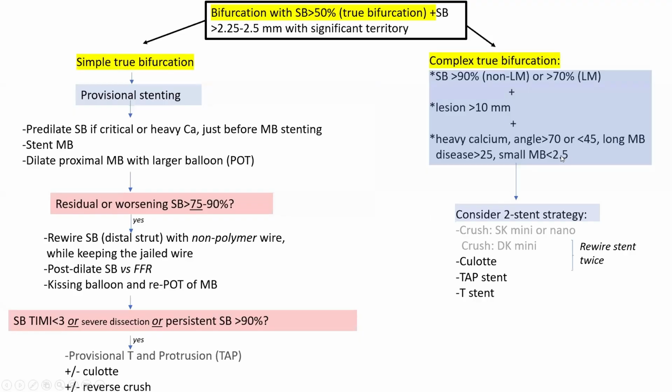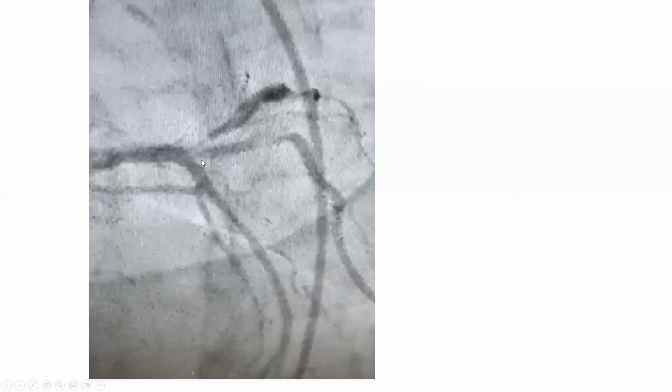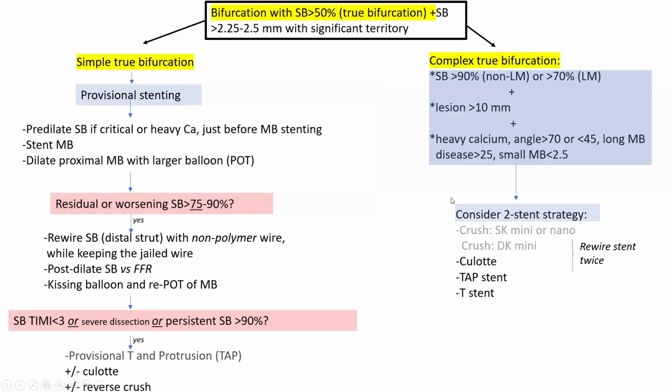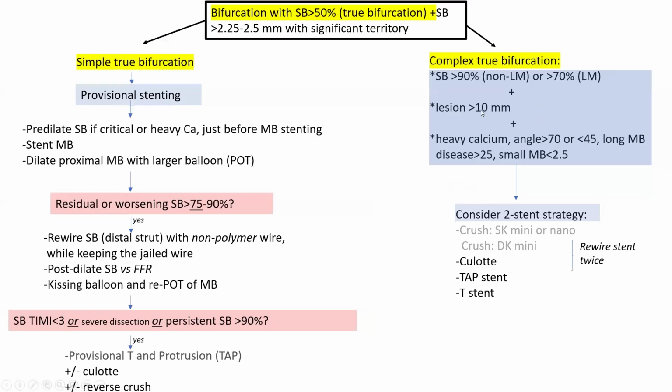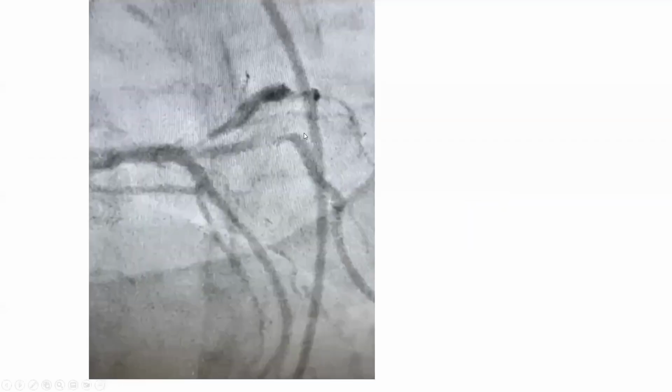However, by using my bifurcation algorithm, this is a complex true bifurcation of the LAD and ramus, where both branches are more than 70% diseased, in this case actually more than 90% diseased, are long, and have heavy calcium and/or plaque burden. So you should ideally do a two-stent strategy for the left main, LAD, and ramus.